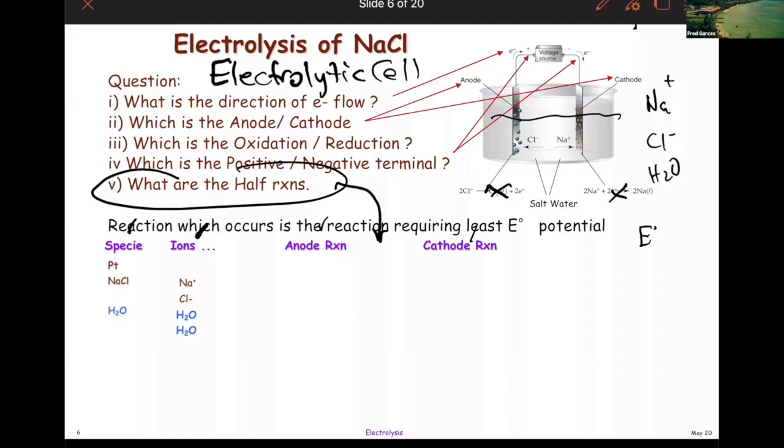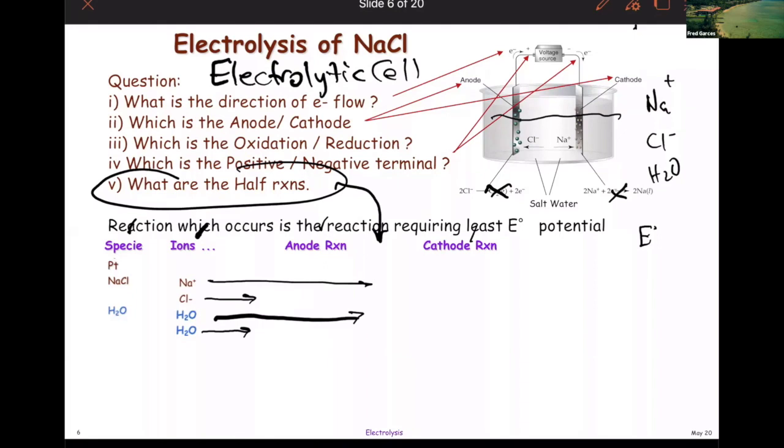At the anode, we know from our previous example, it's the chlorine that's going to undergo oxidation, and then one of these waters is going to undergo oxidation. At the cathode, we know that the sodium is going to undergo reduction, and then water is also going to undergo reduction.